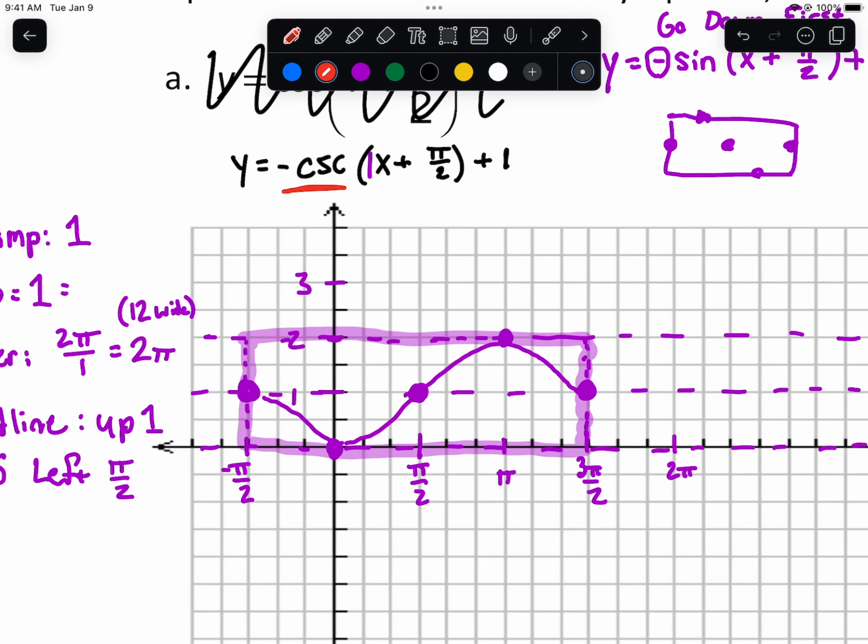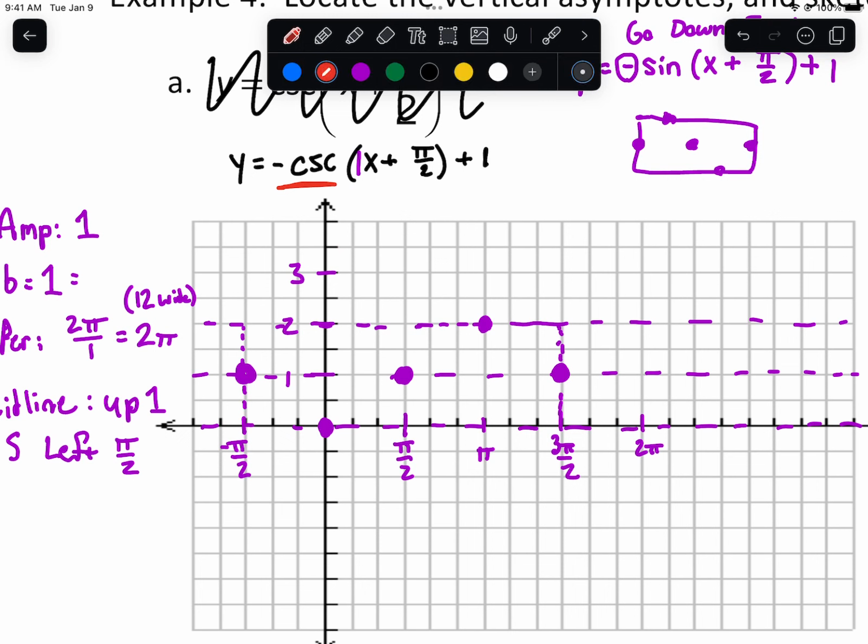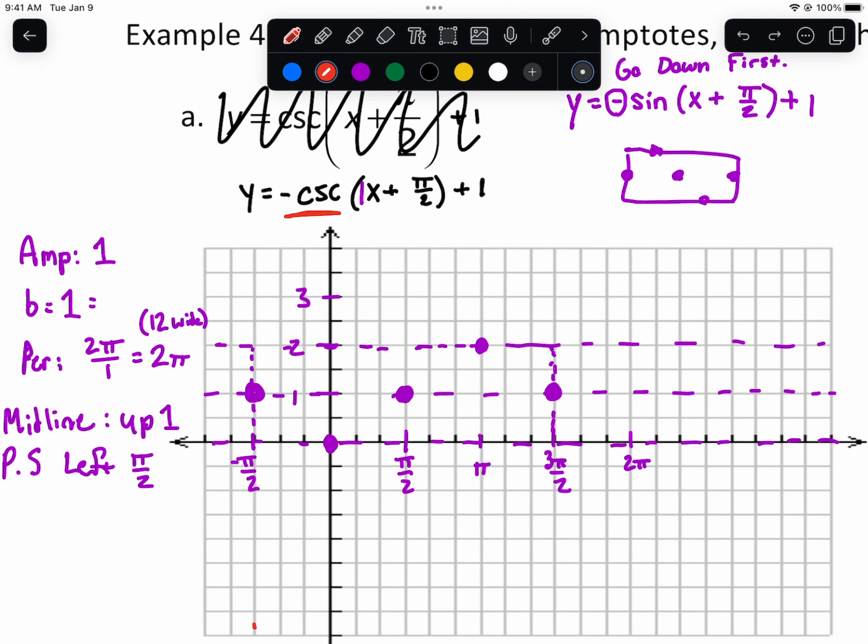So what we're going to now do with that sine curve is transfer this into the cosecant graph, and I'll do it in red so you can see the difference. If you want, you can highlight right there. You could even delete the line if it's kind of messy there for you. I usually don't draw the line. So what I'm going to do now is these points that would have been x-intercepts, where they cross with the midline, those are going to be the vertical asymptotes.